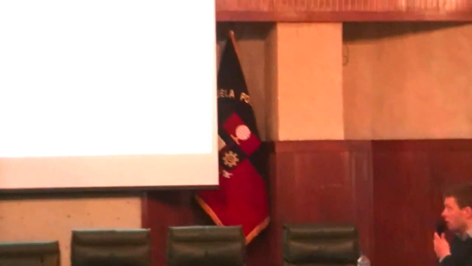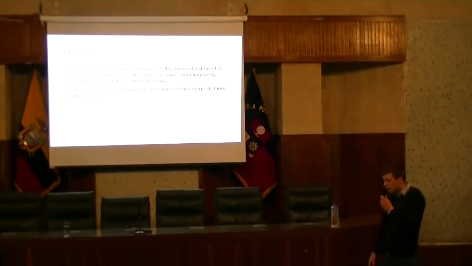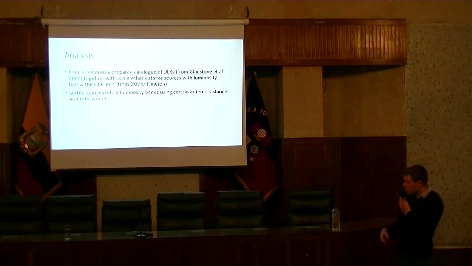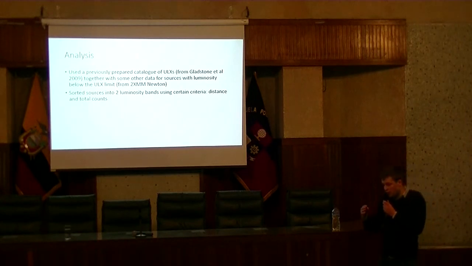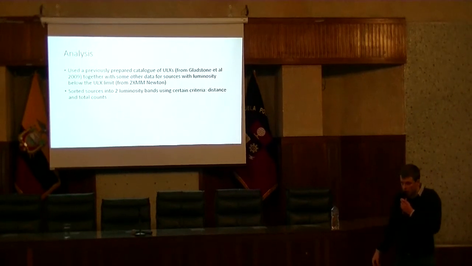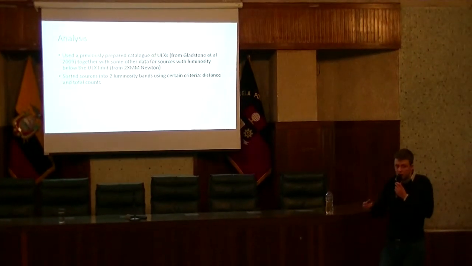So to start, I sorted the sources into two luminosity bands using certain criteria. I took sources within a certain distance from us and with a total count above a certain amount. It was 2,000 counts, such that I chose the highest data quality.